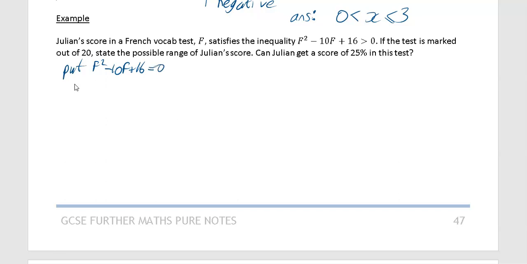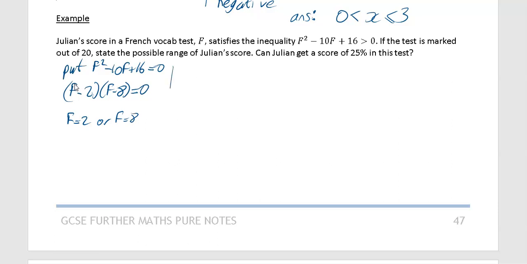Now we can factorize this. The two numbers are going to be minus 2 and minus 8, so we can jump straight to it. That's going to be (f minus 2)(f minus 8) equals 0, which means f is equal to 2 or f is equal to 8.